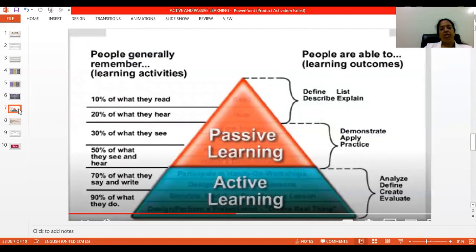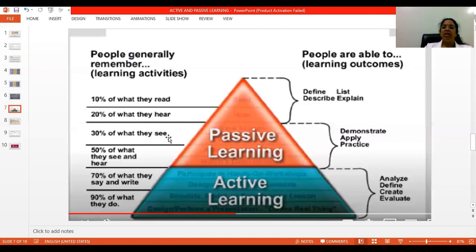Coming to learning outcomes again, in active learning, 90% of the content taught is understood, whereas in passive learning, less than 50% of the content is remembered. So 10% of what they read, 20% of what they hear, and 30% of what they see is only observed by the students.